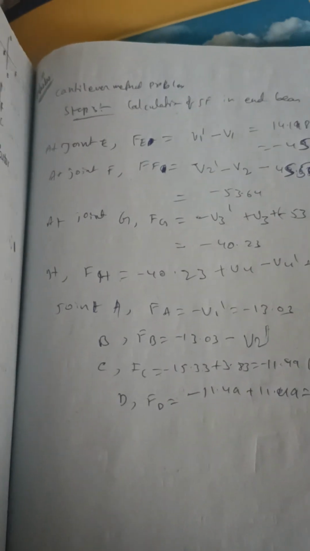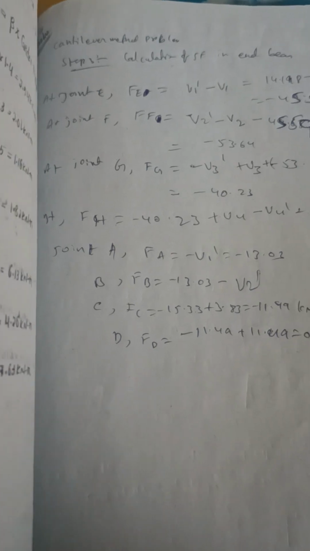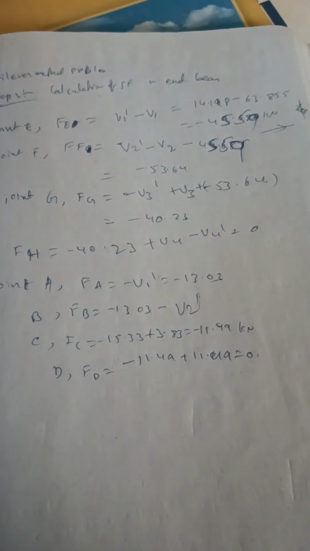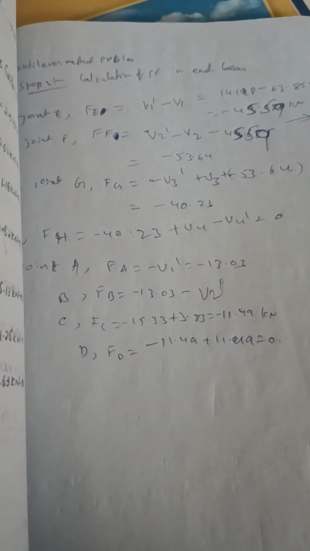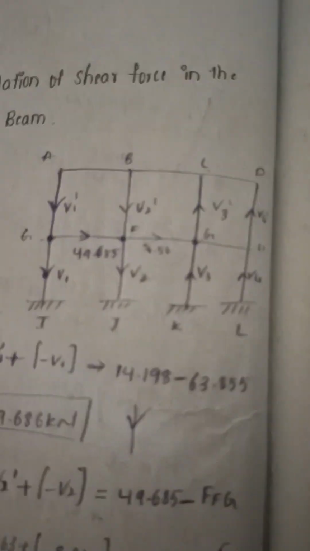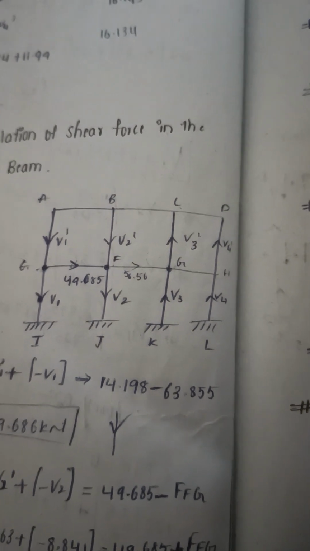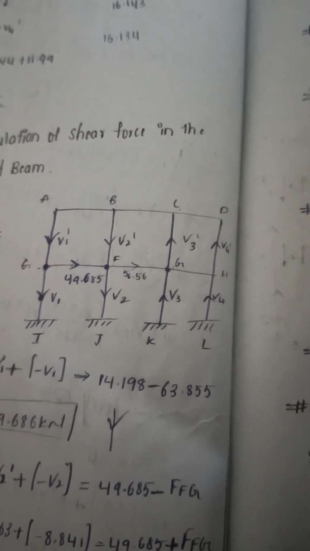Then we will get the shear force at F. Then at joint G, FG equals minus 53.64, which is coming from the left side, then minus V3 dash plus V3. In the same way, the shear force at joint H equals minus 40.23, which is coming from the left side, minus V4 dash plus V4.